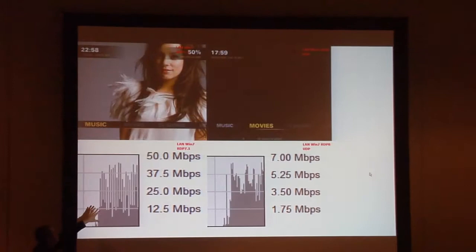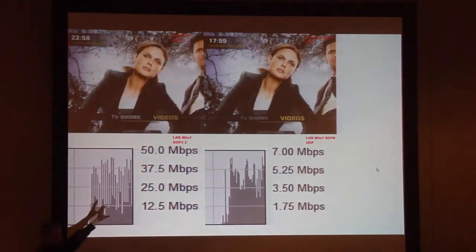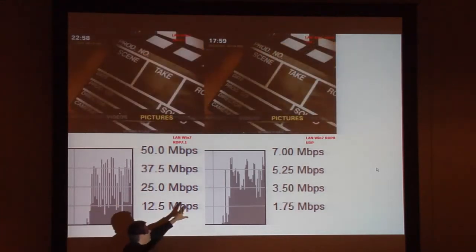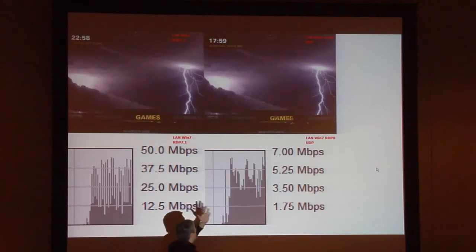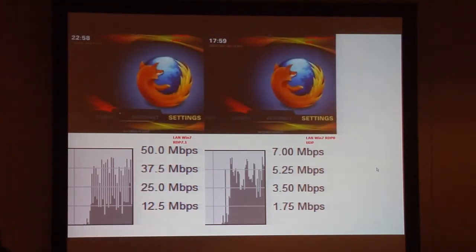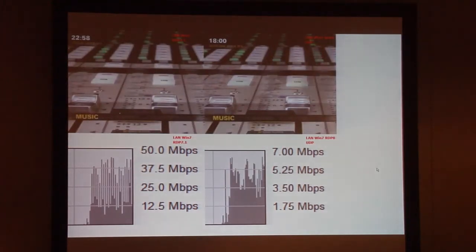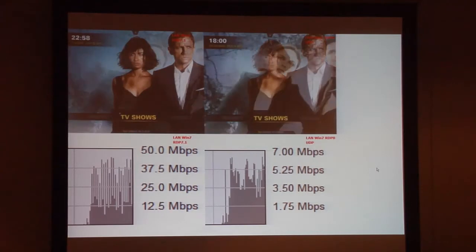And now look at that. RDP7 using up to 50 megabit per second in a LAN scenario, while RDP8 over UDP goes down to like, well, 5 to 6. So it's a big difference. And the user experience in both cases is pretty much comparable. You don't really see a difference in the user experience over the LAN.